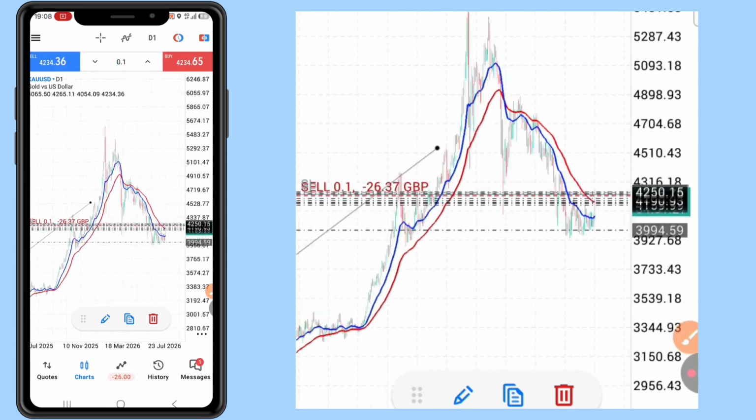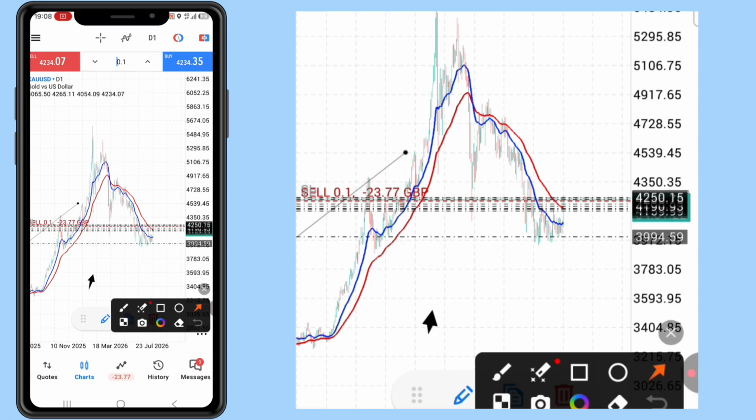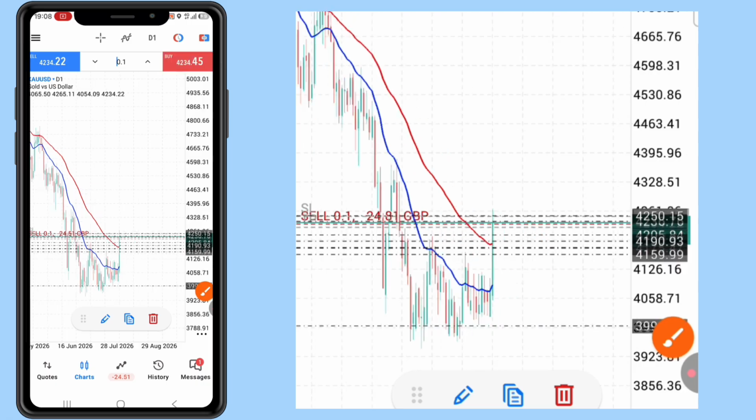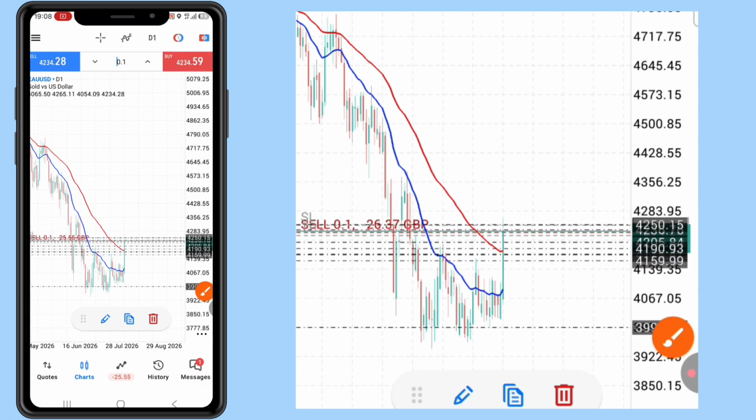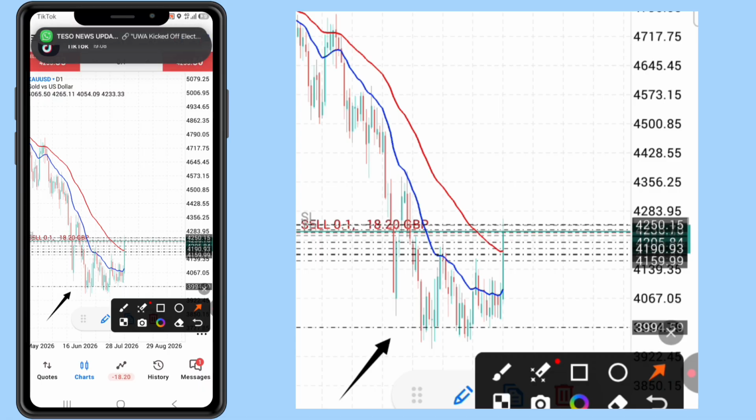And when we talk about this resistance that I just drew a few minutes ago, it can get back down, but it will be very difficult for it to cross right here. If by any chance this candlestick closes below this support zone, then it will be a super sell.